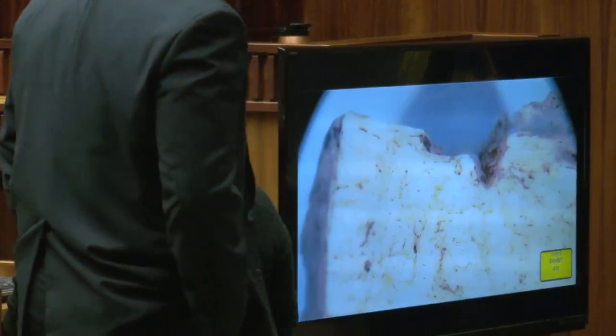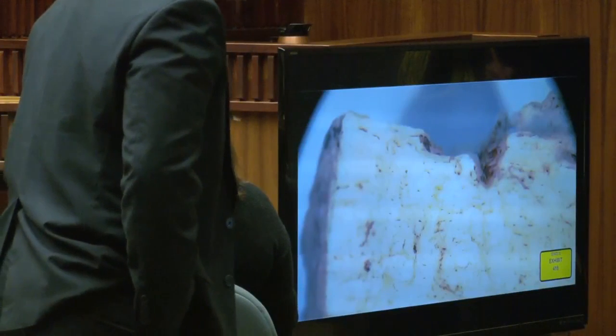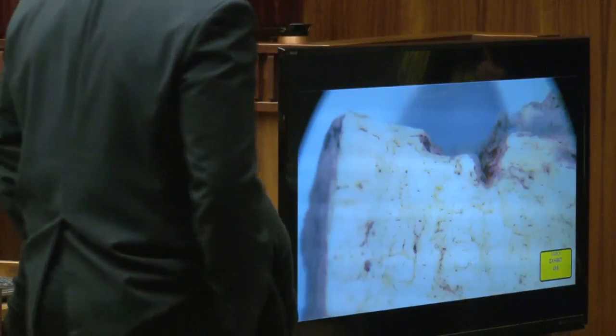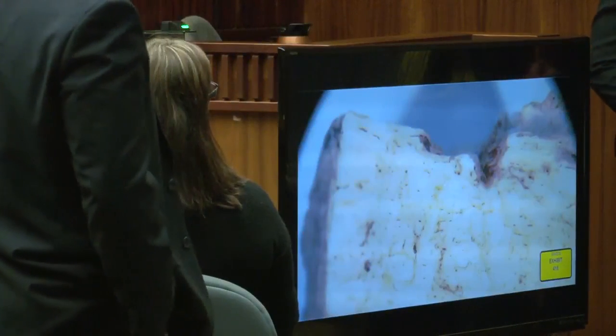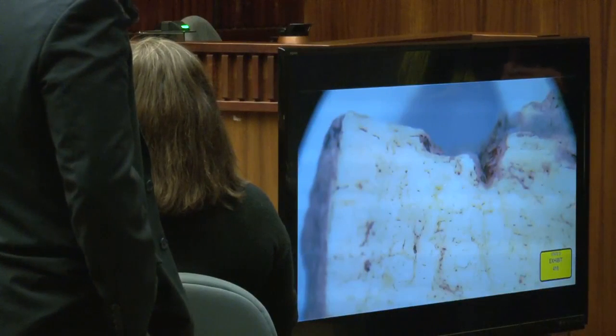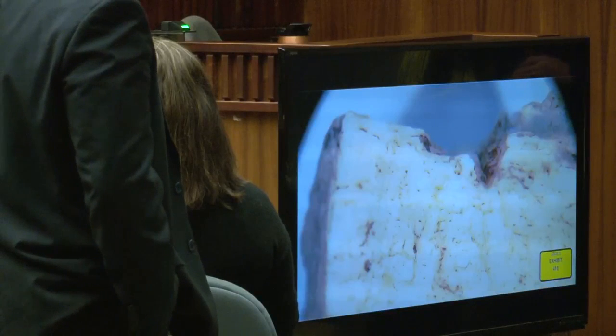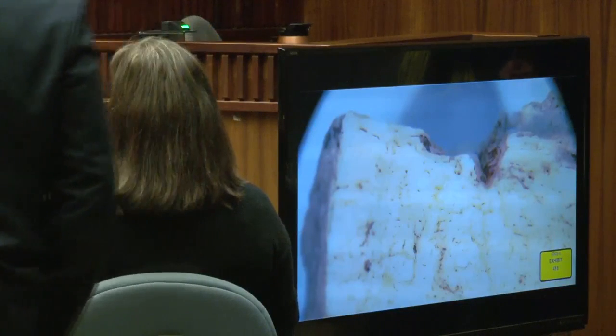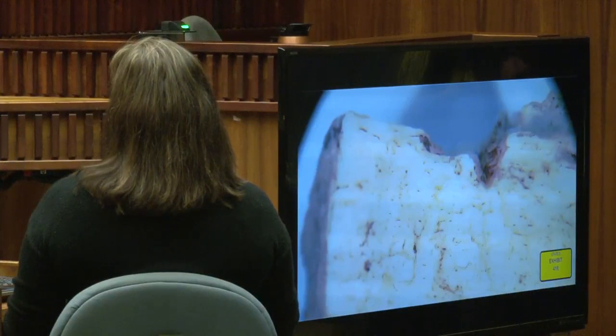And in looking at this defect, are you able to tell us what type of instrument or tool, if any, would have created this? This is consistent with the other tool marks that I've observed in the mandible. However, I cannot clearly state that this was a knife-incised wound because of the lack of associated bone. When you say the lack of associated bone, what do you mean by that?